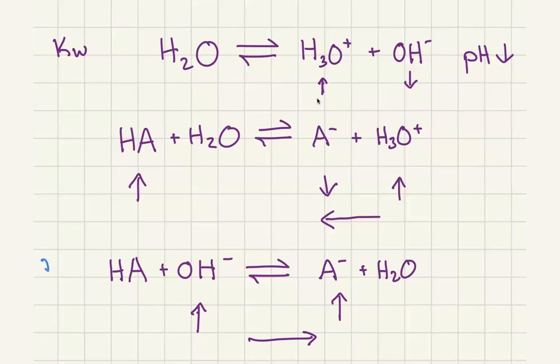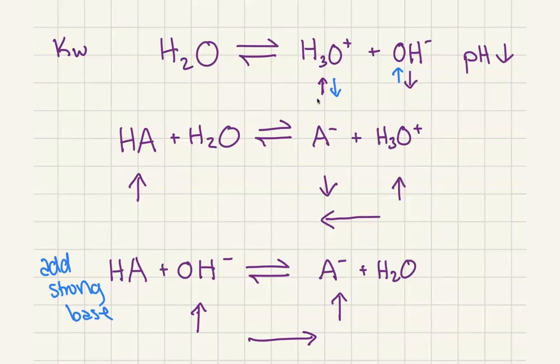So if you add strong base, then you're going to get a decrease in your proton concentration. You're going to get an increase in your OH minus concentration, because these have to balance each other out to equal your Kw.